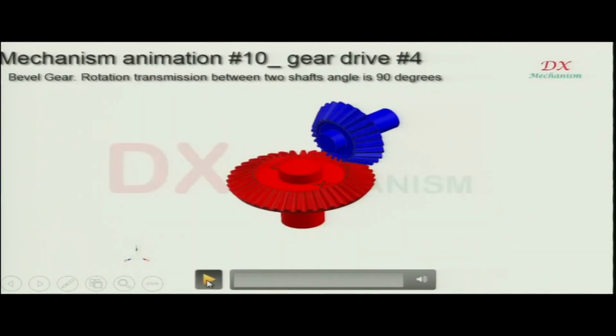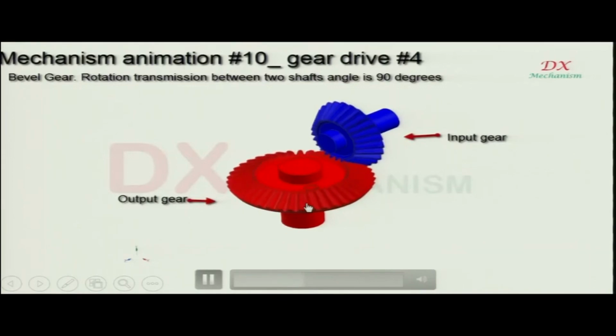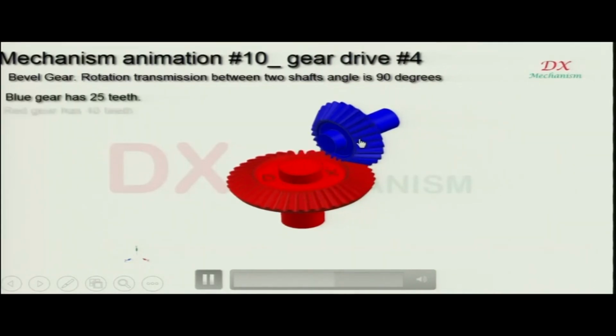When we rotate them, the input gear transmits the power to the output gear. And here also the transmission ratio is given by the number of teeth of the input divided by the number of teeth of the output.